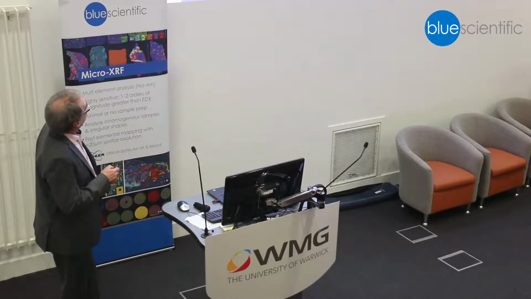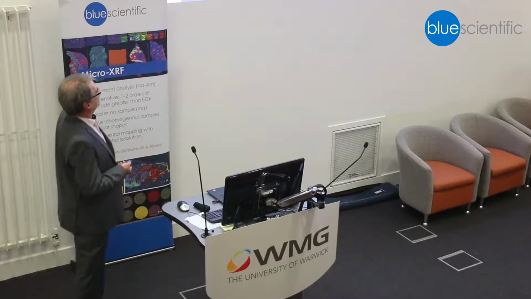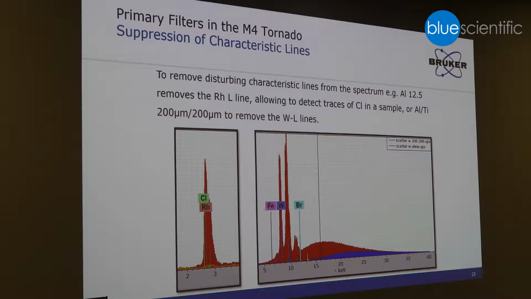If you use the aluminum, titanium, copper sandwich filter, you see here the background is really low, and it starts to increase beginning from 12 keV. You see this characteristic line, this peak, which is the rhodium L line coming from the rhodium target of the X-ray tube. Of course, this is overlapping with the chlorine K line.